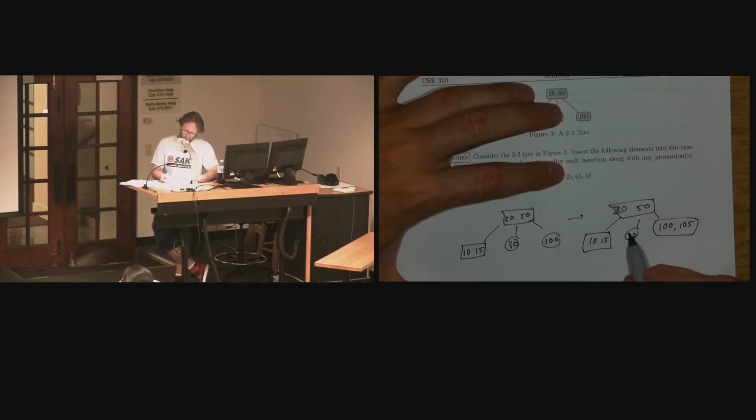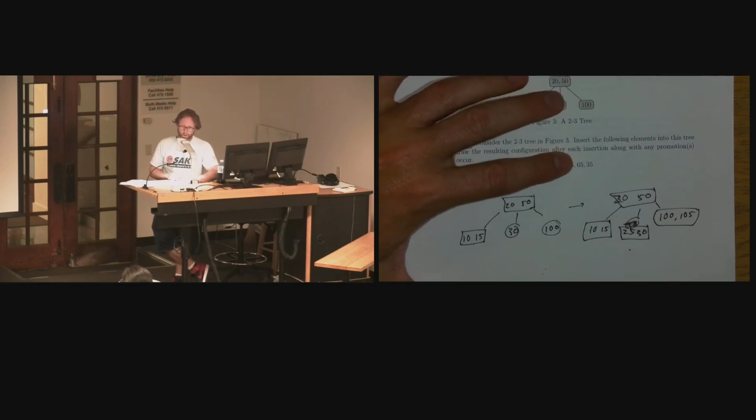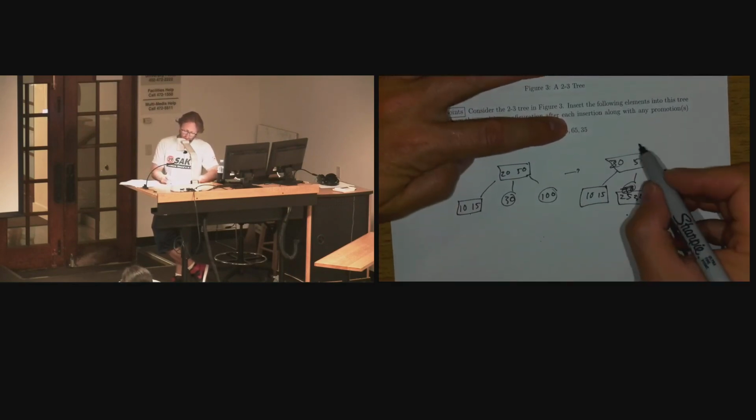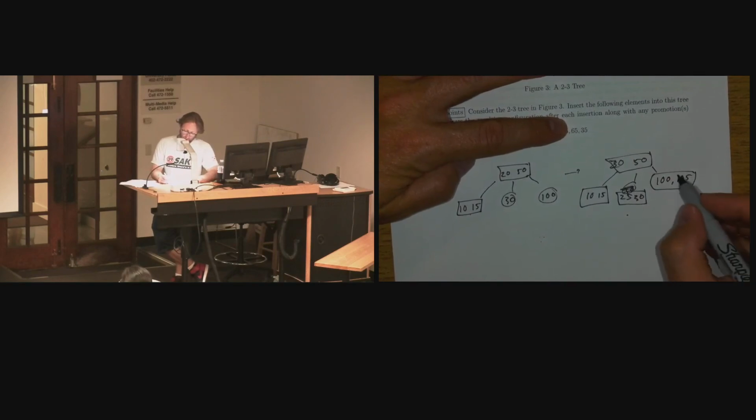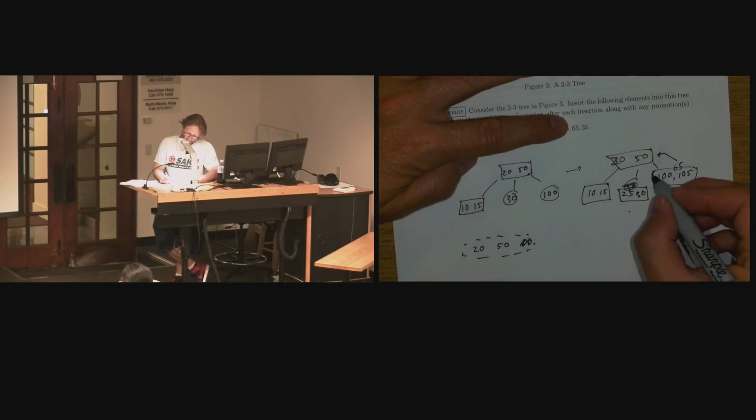25, again, there's plenty of room here, so this becomes 25 and 30. And now it's completely full, so we're definitely going to have to split it up and promote something when 65 comes in here. 65 temporarily gets inserted here. It gets promoted up, which looks something like 20, 50, 65. Oh, sorry, what? 100. 100, thank you. 100 gets promoted. 65 is over here.